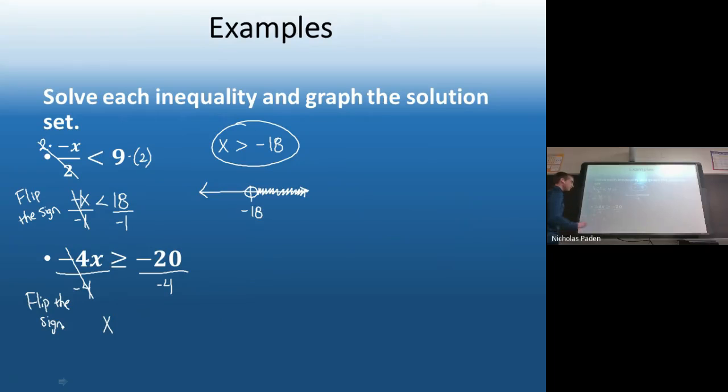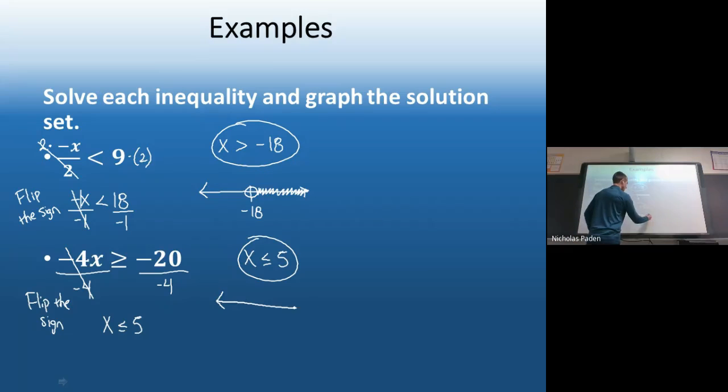So instead of greater than or equal to, it's going to become less than or equal to. And -20 divided by -4 is going to be +5. So I can still get a positive answer even though I flip the inequality sign. The answer doesn't matter. What matters is, did I divide or multiply by a negative number? And we did. We divided by a -4.